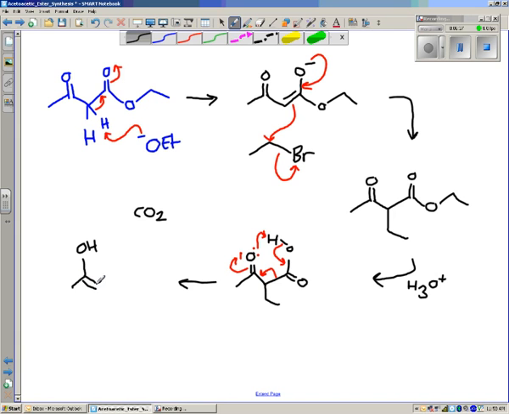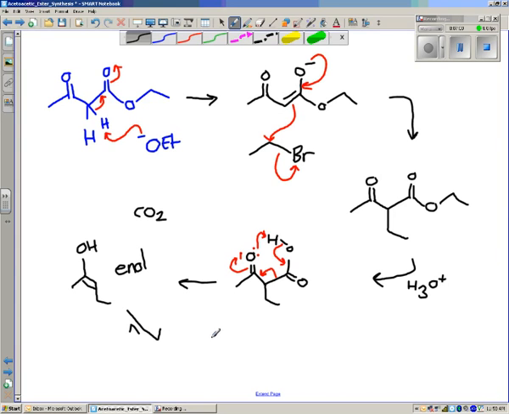Now, what sort of functional group is this? Well, that's an enol. And we've seen before that under normal conditions, the keto form is much more stable than the enol form. So what happens is this almost immediate tautomerization.